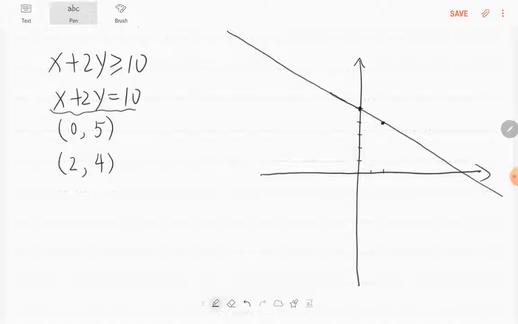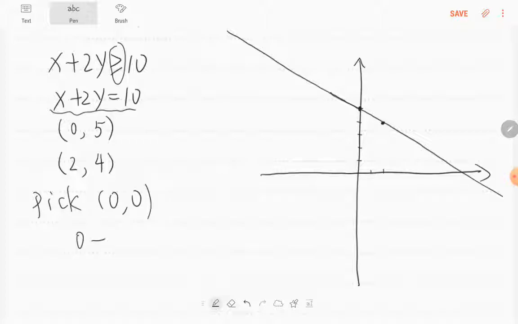So which region belongs to this inequality, right? We use a solid line because here it is greater than or equal to, so the boundary is included. So which region? We pick an arbitrary point. We can pick the origin, if you want. The origin is the easiest way, right? Well, let's just pick the origin.